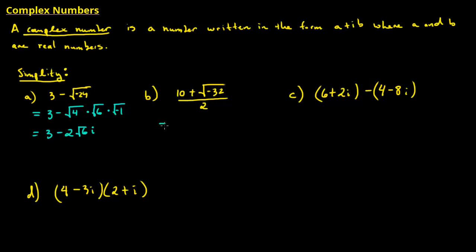In b, I've got 10 plus the square root of negative 32, all divided by 2. So I can rewrite this as 10 plus the square root of 16 times the square root of 2 times the square root of negative 1, all divided by 2.